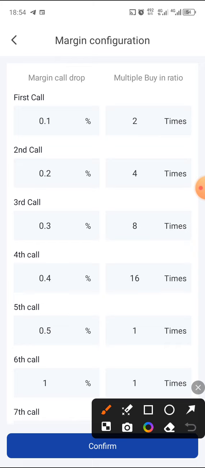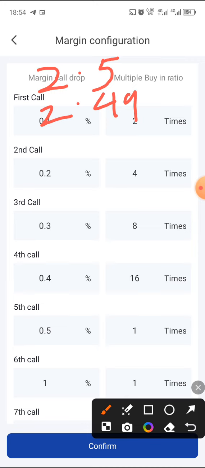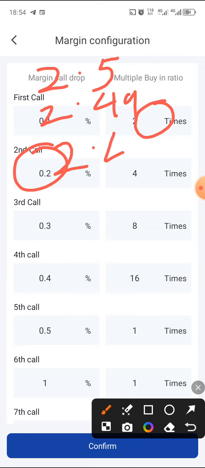If after buying the first buying amount the average price is 2.5, then after buying the first margin call, it comes to 2.49. When you buy the second margin call, doubling up the first margin call, you'll end up with an average price of like 2.42.